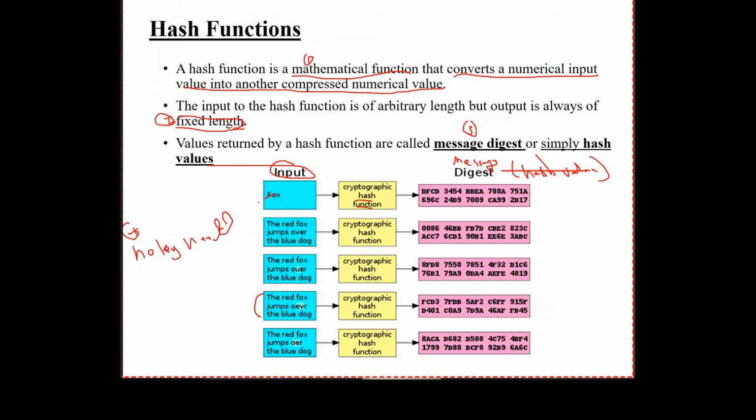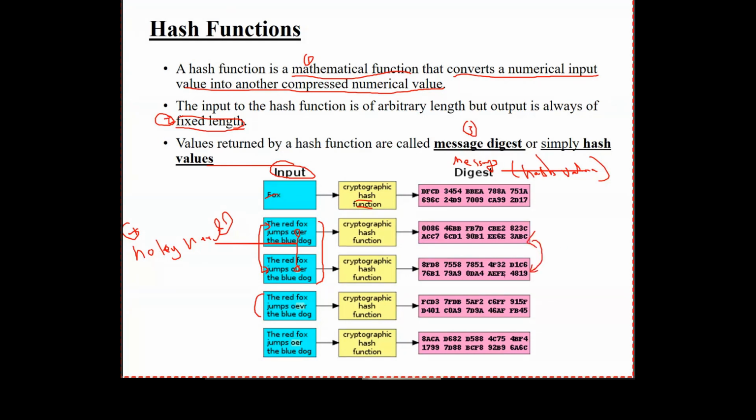So if you change one letter, the whole value will be changed. For example, look at this message. The only difference is one letter, is that correct? But the hash value is totally different.